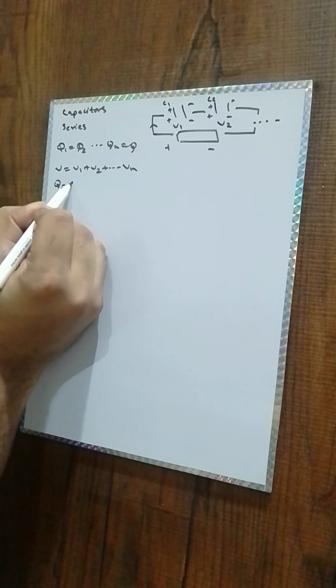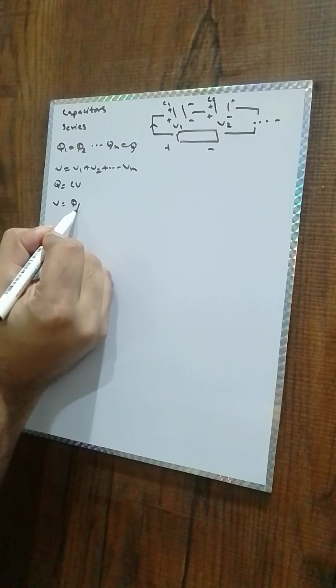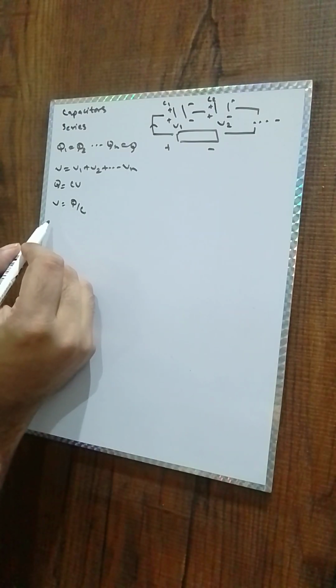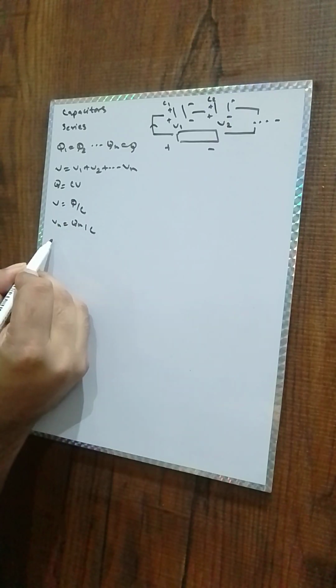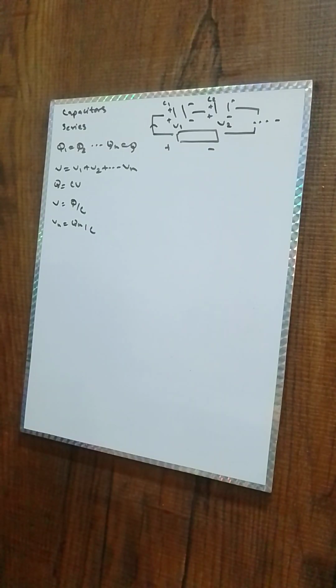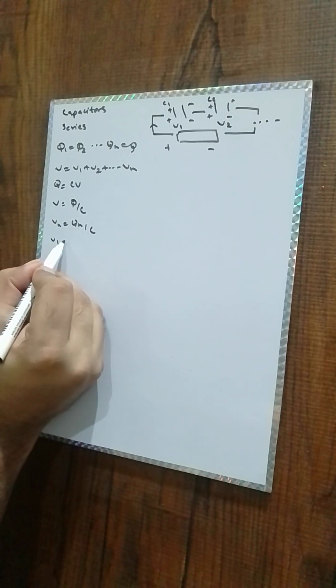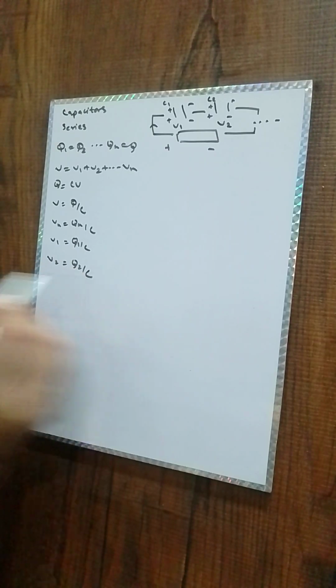And we know that Q is equal to CV, capacitance into voltage, and V is equal to Q by C. So Vn is basically Qn by C, which actually means that we have a situation where V1 is equal to Q1 by C1 and V2 is equal to Q2 by C2.